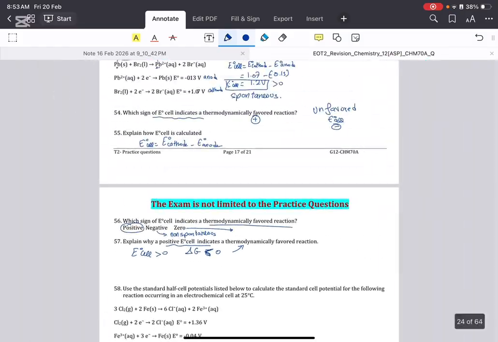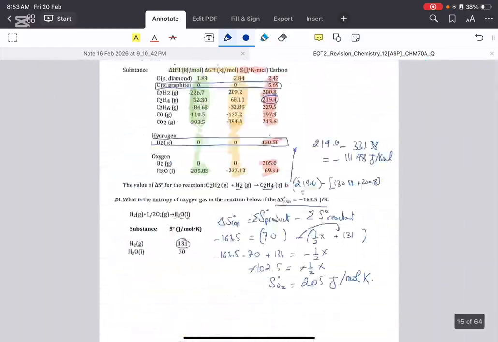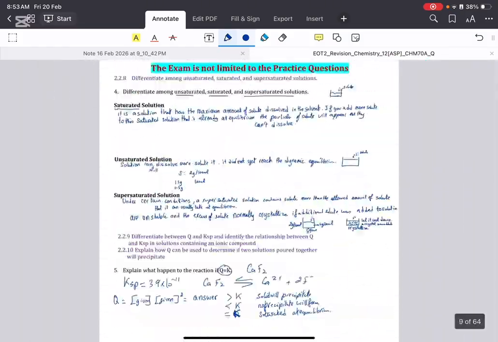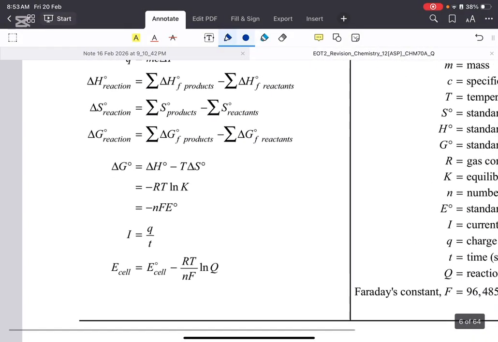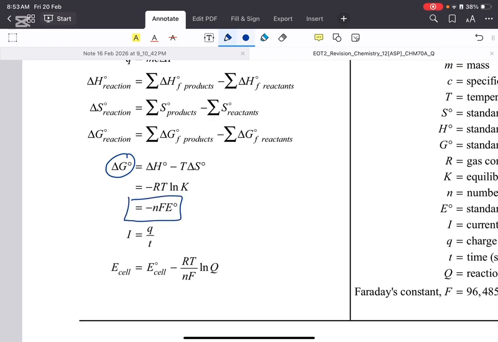indicating that I have a thermodynamically favored reaction. Now I'm going to show you something here in the formula sheet. You see this one? So delta G is equal to minus NF E cell. Faraday is a constant and N is the number of moles of electrons transferred.